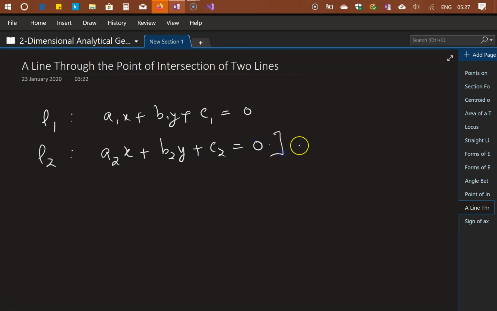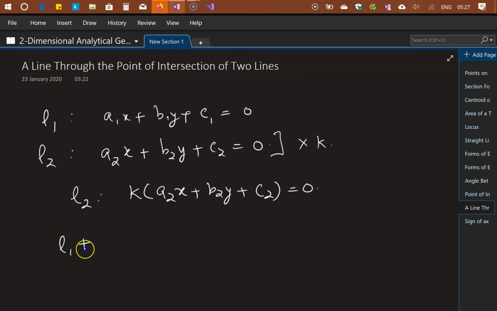Now let's multiply this with a real number k. So L2 will become k times (A2x plus B2y plus C2) is equal to 0.